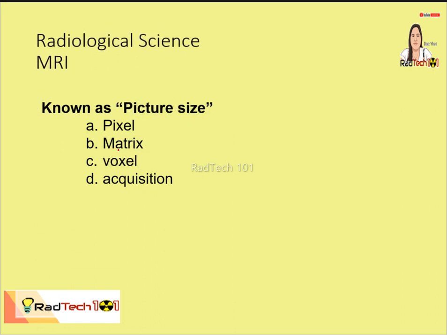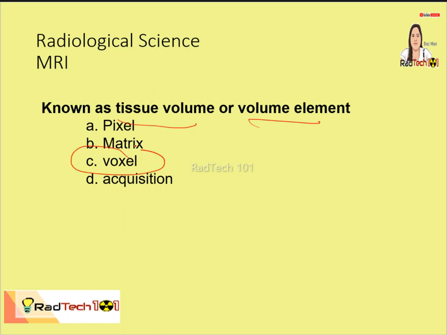Picture size, that is pixel. Or the picture element. Next, volume element, which is also termed as tissue volume. Of course, that is voxel. So, voxel or tissue volume.